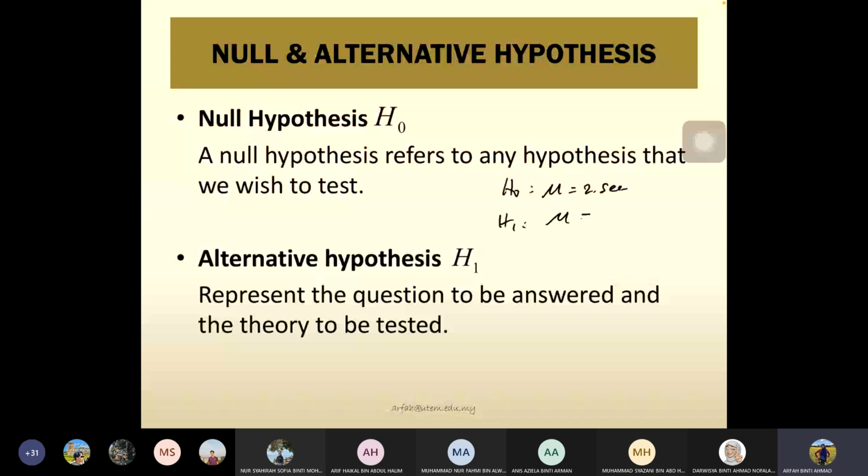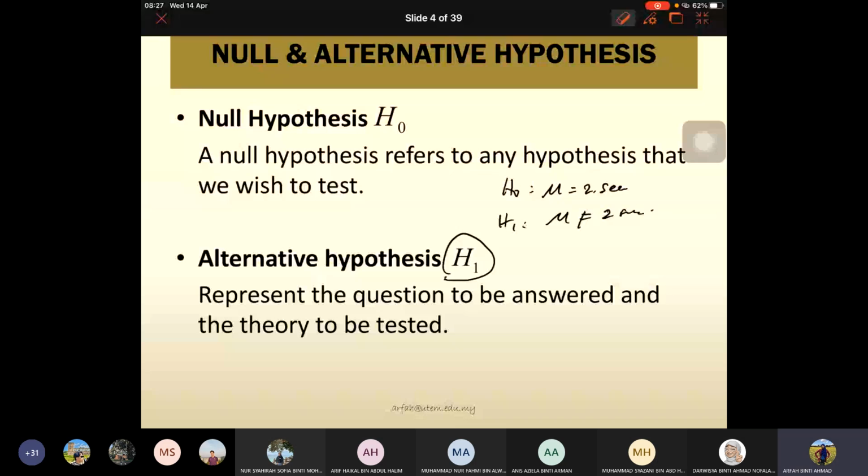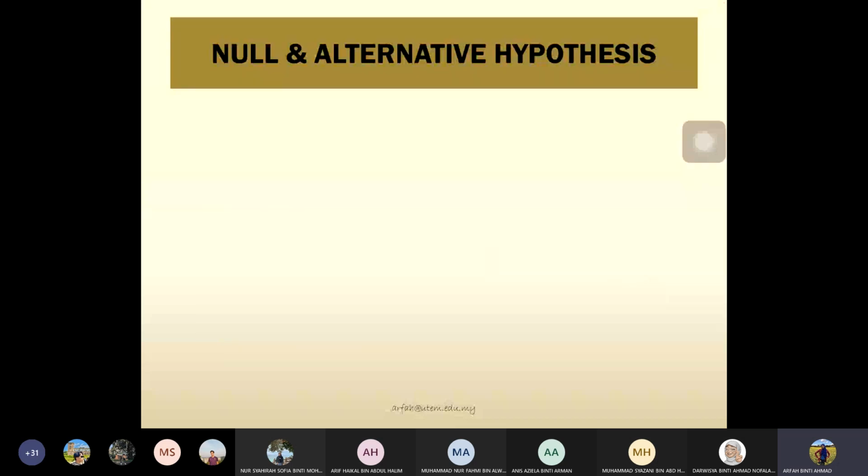Okay. For example, okay. So once awak ada H null and H1, the next one you are going to have null of H1, okay, or vice versa.